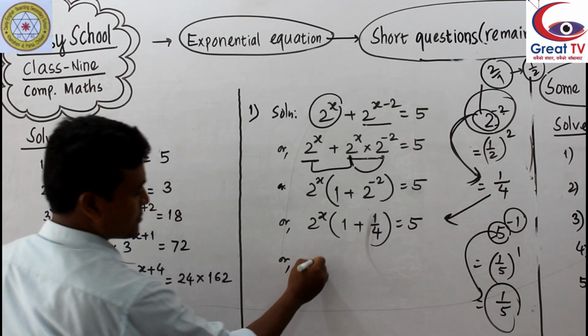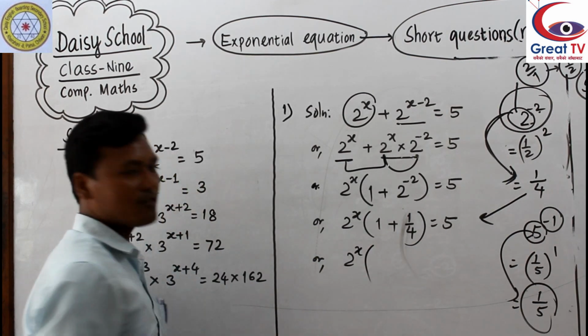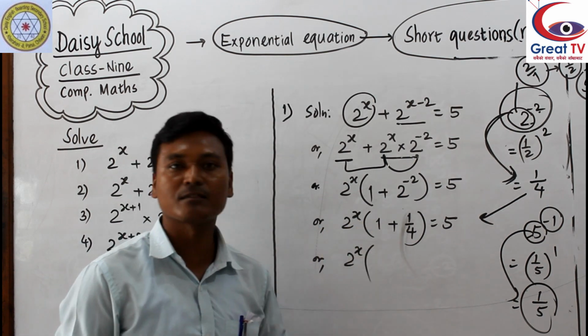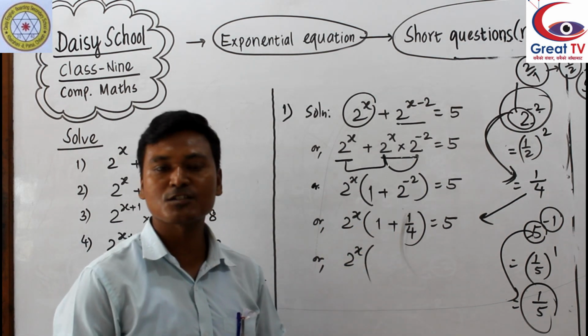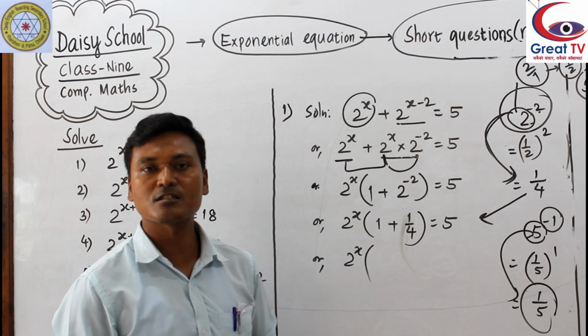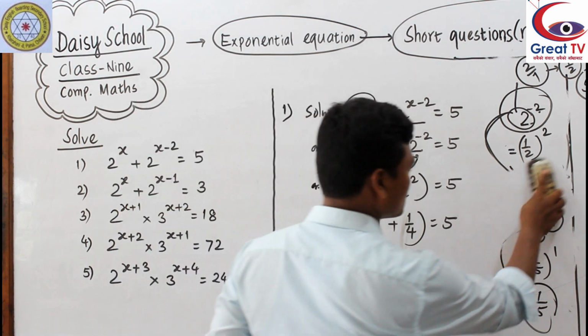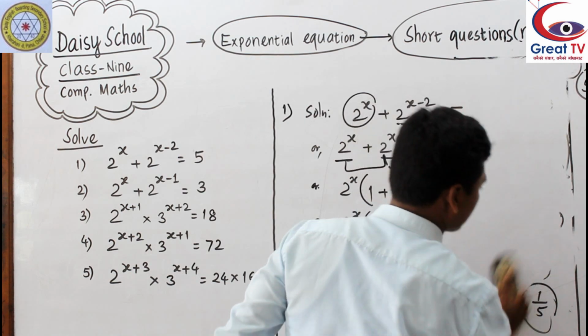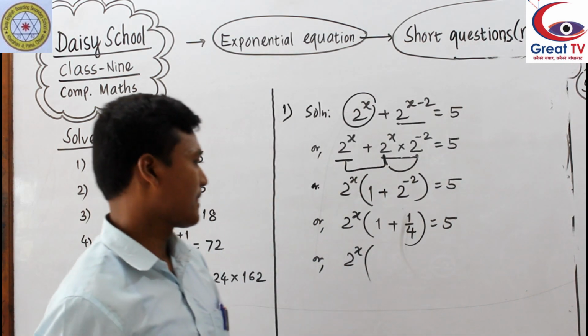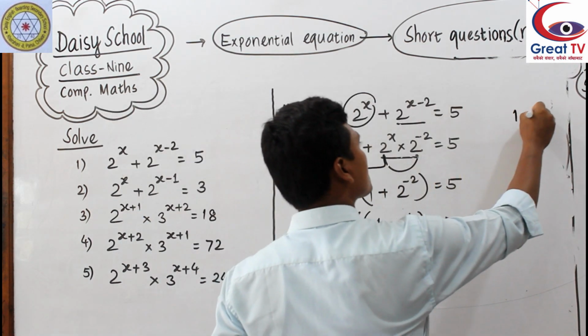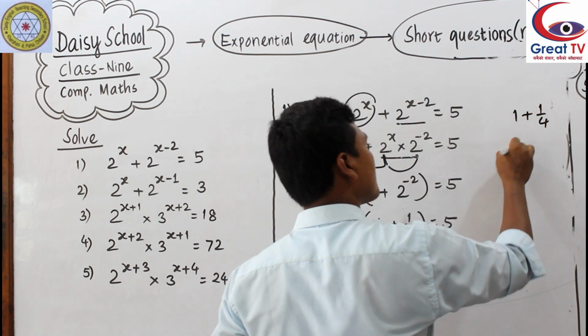After this, 2 to the power x. Now here we have to simplify these 2. Here is the case of fractions, so you should know the concept of simplification of fractions as well. So let me add these 2 fractions in the graph. Here is 1 plus 1 upon 4.